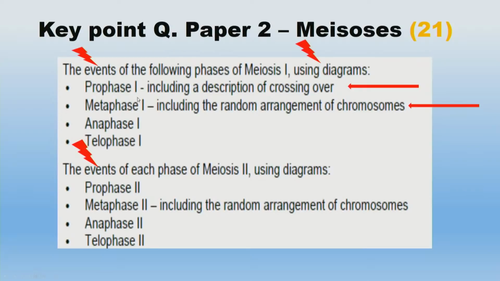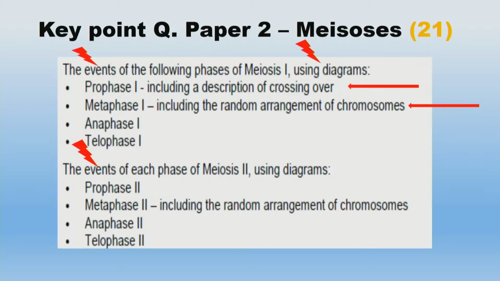And then at metaphase 1, we have random arrangement of homologous chromosomes that results in different gametes. This one, prophase 1, results in different chromosomes, but metaphase 1 results in different gametes. So the role that meiosis plays in prophase 1 and metaphase 1 is very, very important.